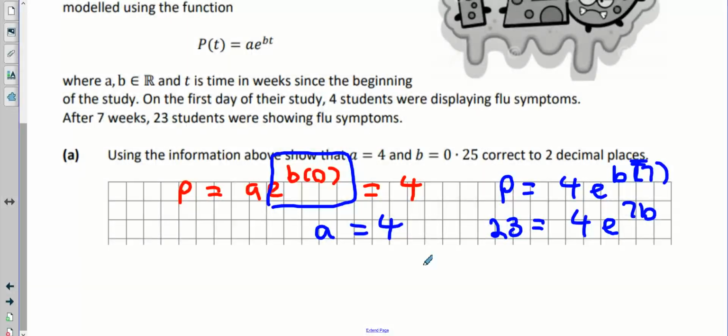What's the goal of our question? To find out what B is. How do I do that? Should I log both sides right now? Yeah or nay? Why am I not allowed to log both sides right this second? Because the 7B doesn't work on the 4, it only works on the e. So I'm not allowed to log just yet. Happens in a step's time. Divide by 4 and we get 23 over 4 equals e^(7B).